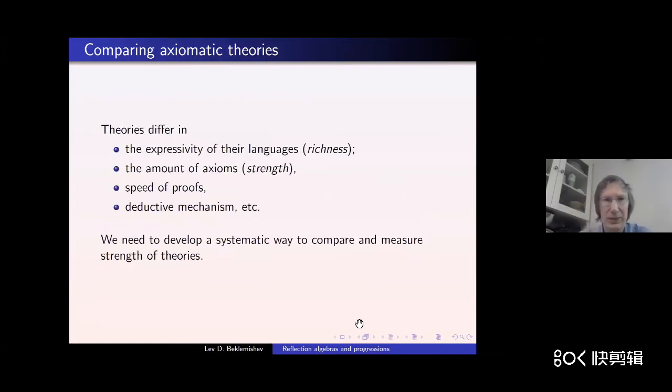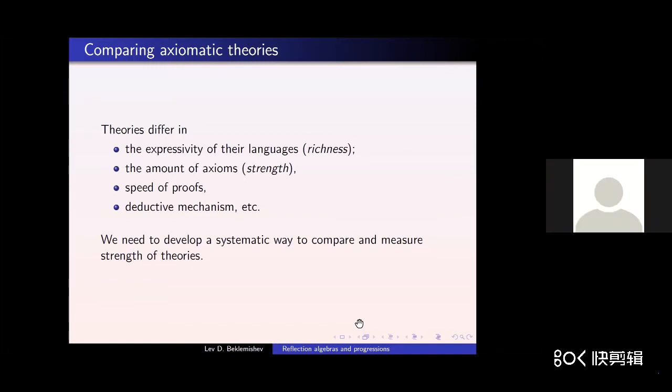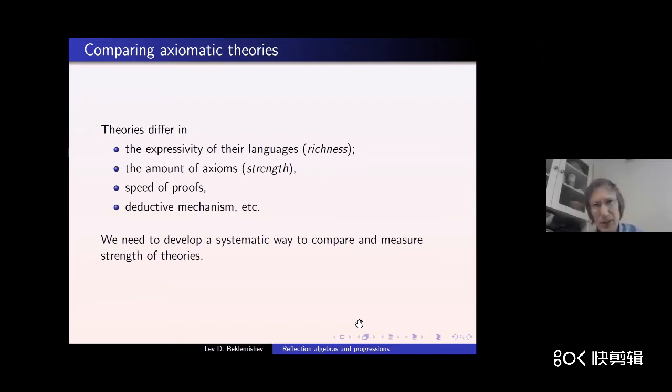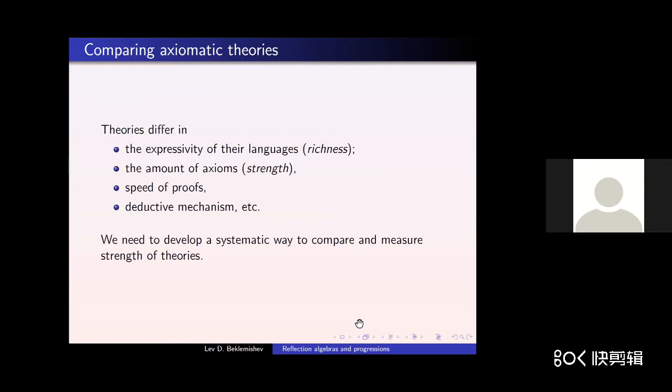Okay, so what we see is that logical theories such as those above greatly differ. They differ in several aspects, and for example, they firstly differ in the expressivity of their languages, or as one calls it in logic, richness. So rich languages can express more, whereas weaker or poor languages can express less. So the language of set theory is richer than the language of arithmetic, and even than the language of second order arithmetic.